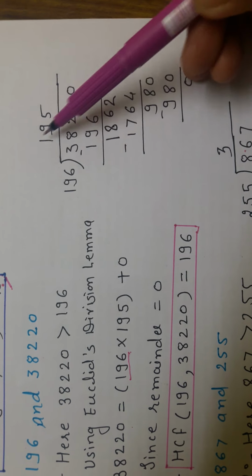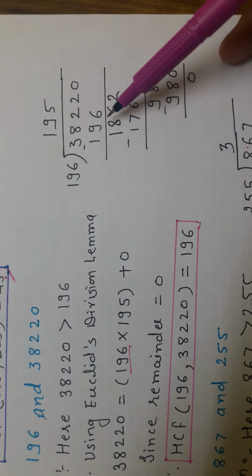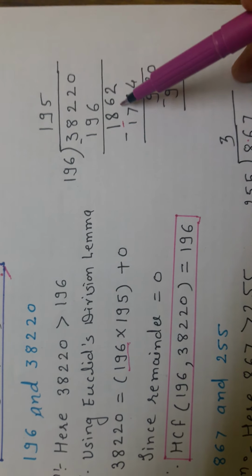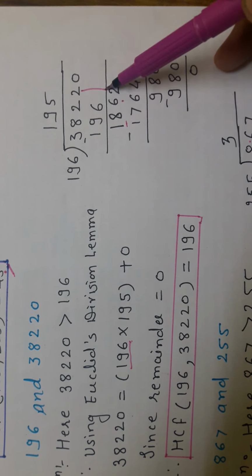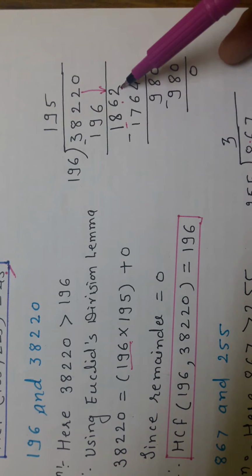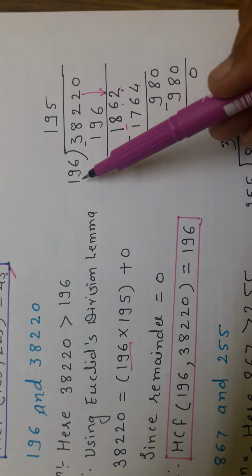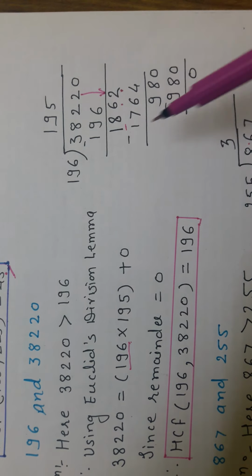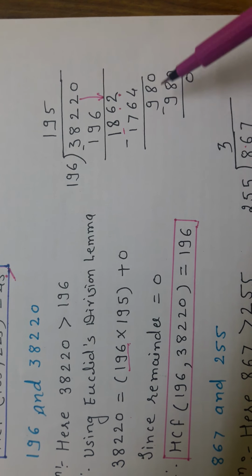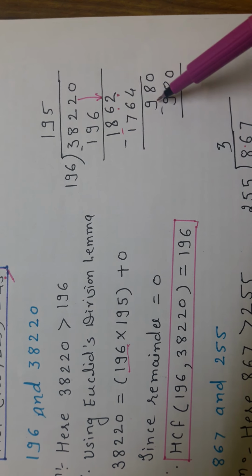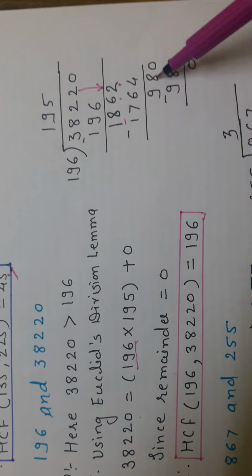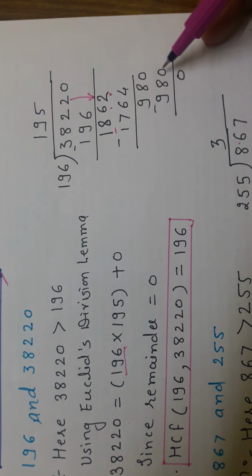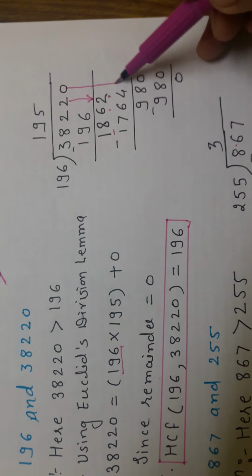That is, 196 ones are 196. Then we got 186 as the remainder. Then we will take 2 as a number downside. 196 9s are 1764. After doing the subtraction we got 98. Again 0 is there because we have to do the division.